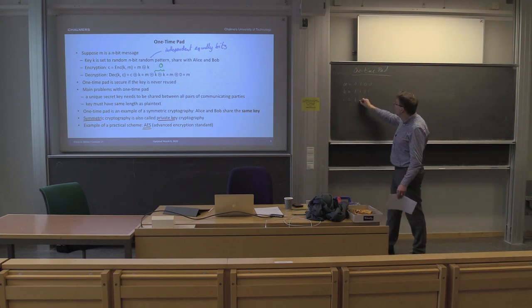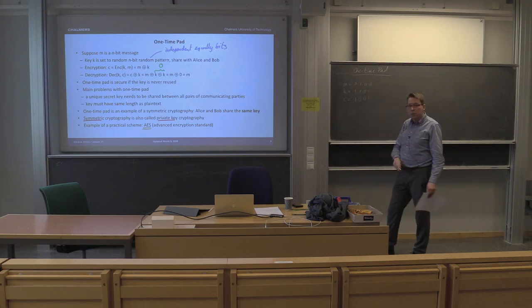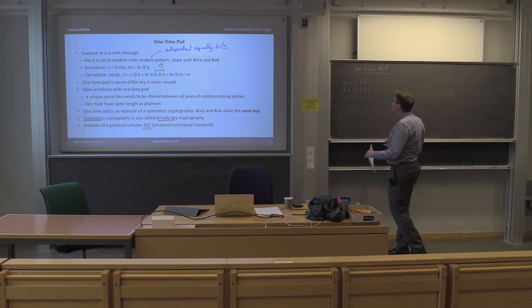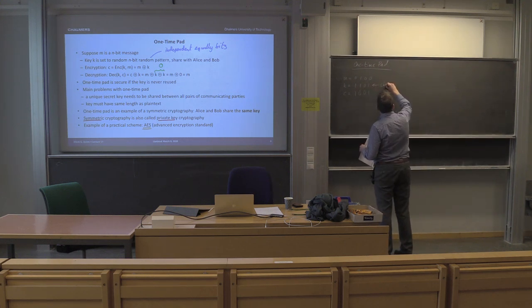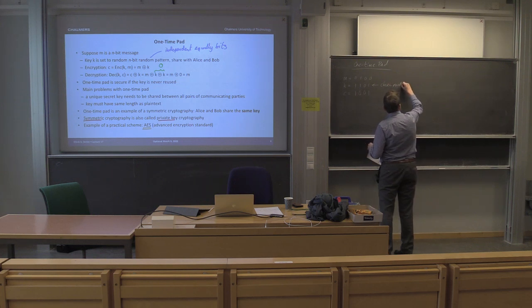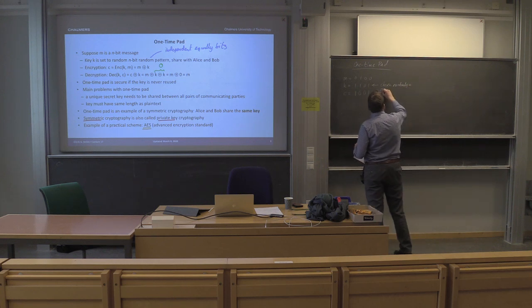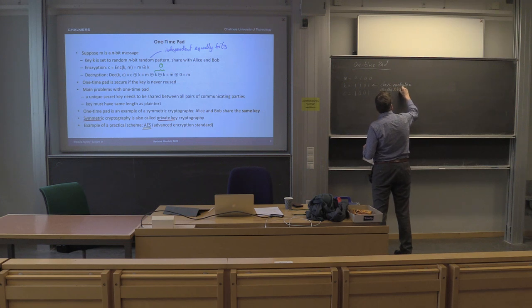So it's 1, 0, 0, 1, like this. So the key here should be chosen randomly, so equally likely, independent bits.